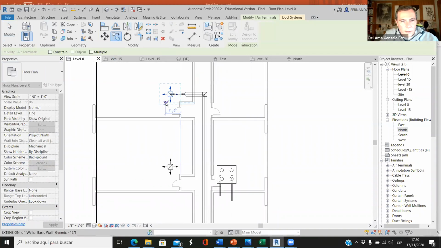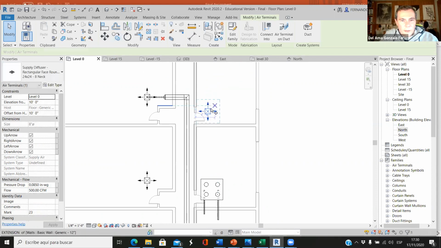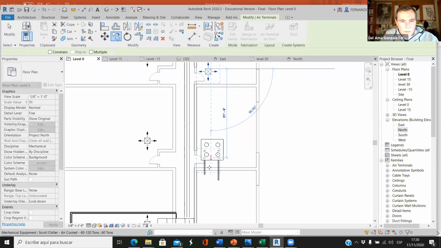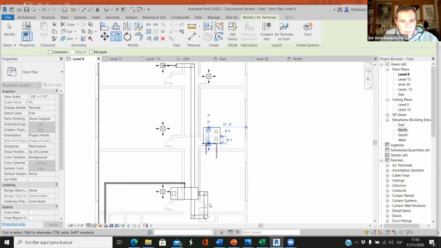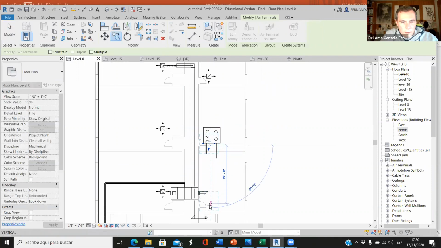Okay, we can copy, because we need supply diffusers here in the office space. So we can place this here and here and here.